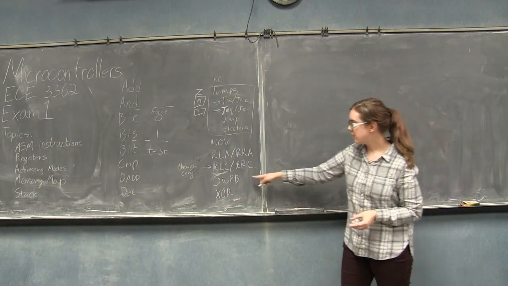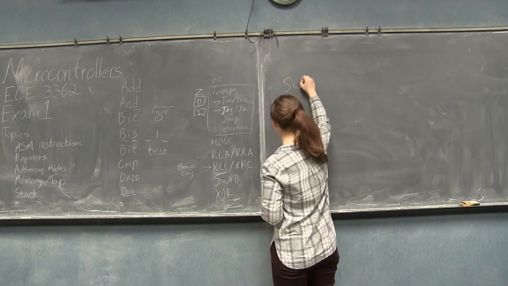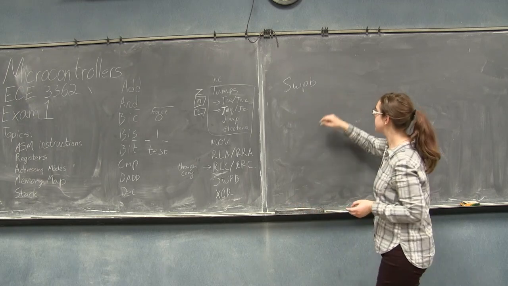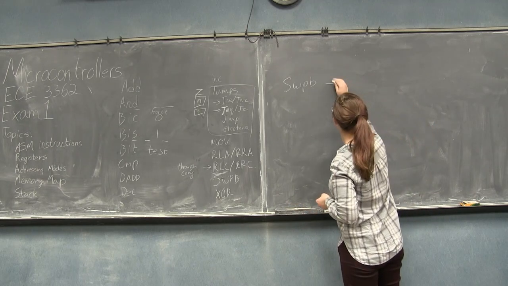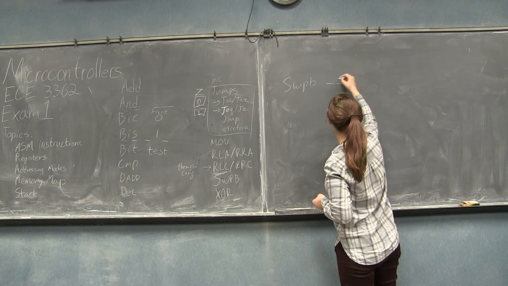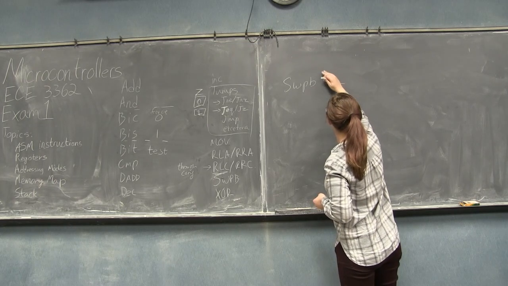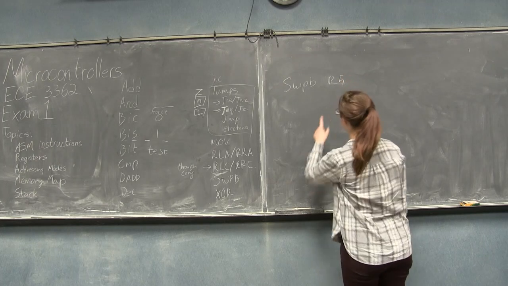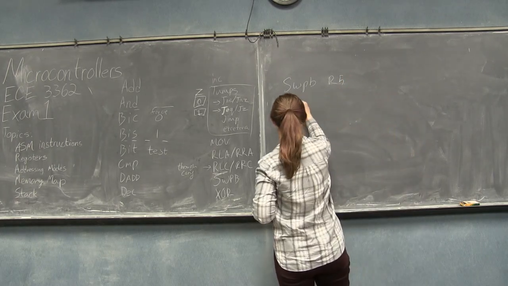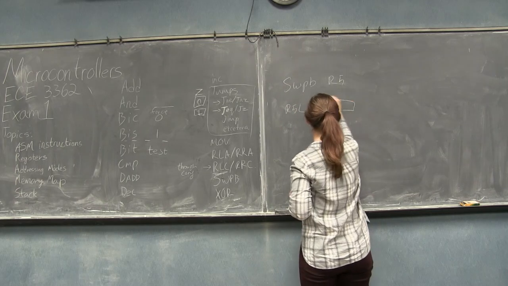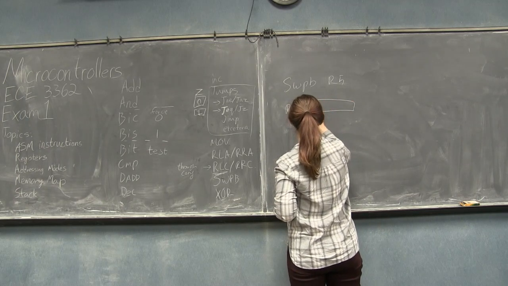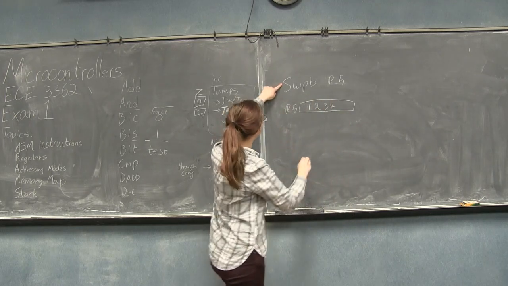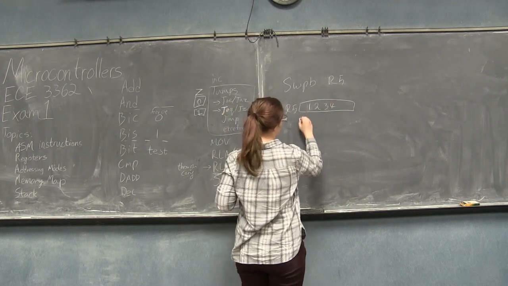So this instruction, swap bytes, it just means that if you had a value in a register, after this instruction you would have it swapped.